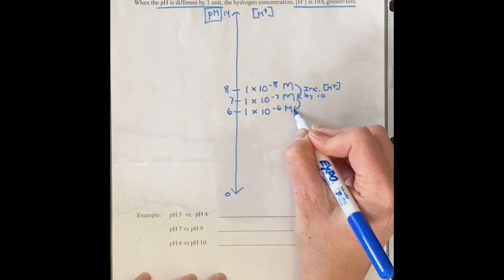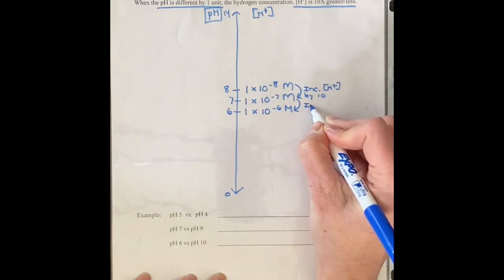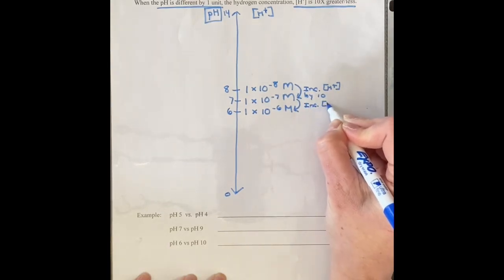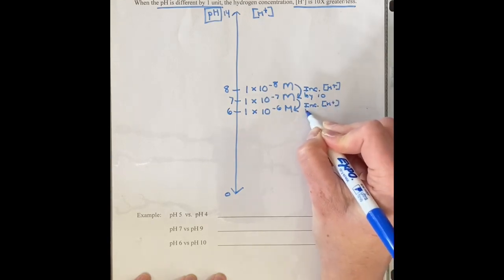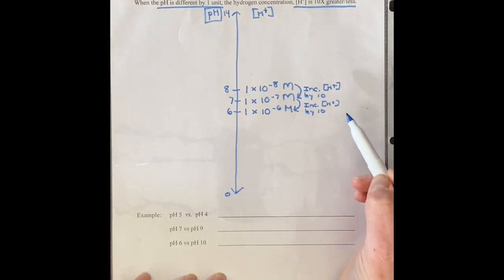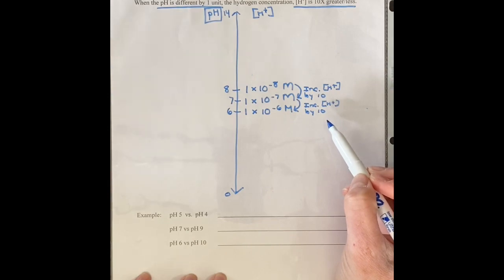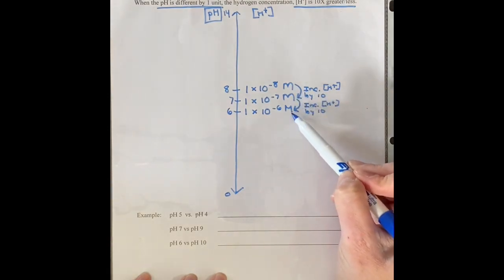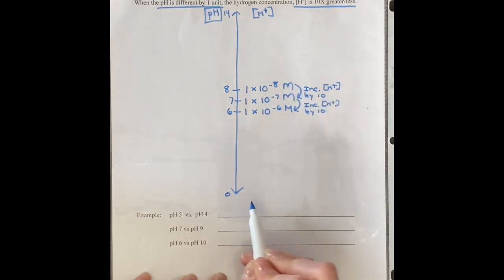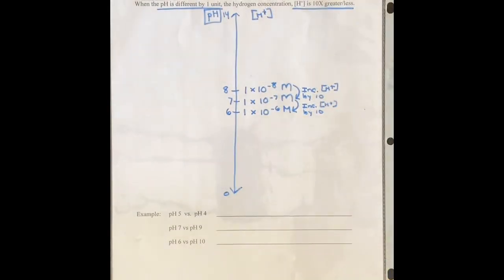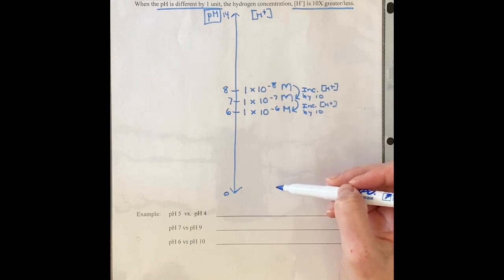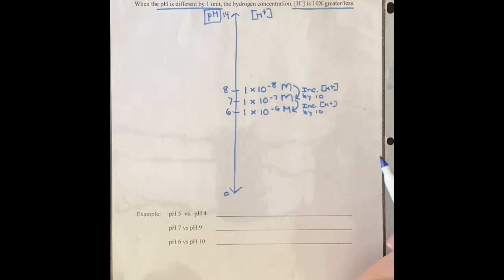Now, if I go from 7 to 6, that again is an increase of the hydrogen ion concentration by 10 again. And it's increasing because I'm going from 8 to 7 to 6. I am getting to the most acidic. I'm getting to stronger acid. All right, so we can see that increase in hydrogen concentration as we go from 8 to 7 to 6.